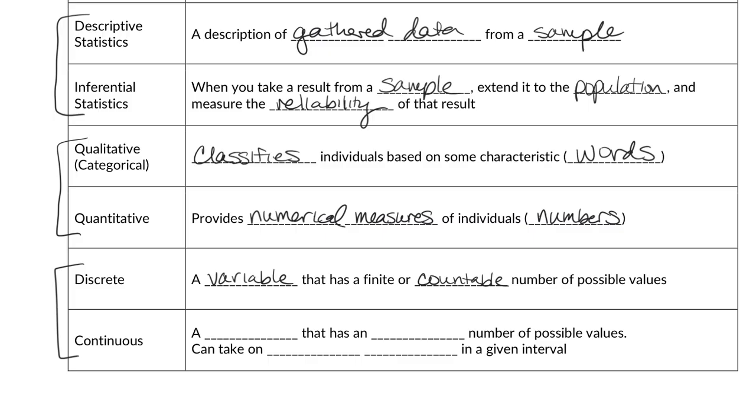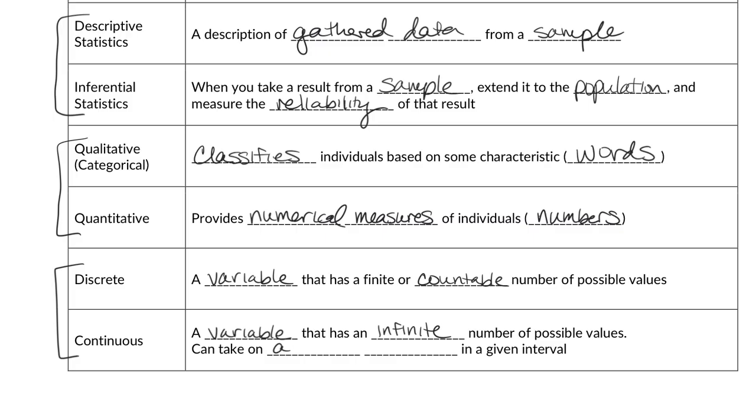Continuous variables, however, have an infinite number of possible values, like height. We can measure to the 1,000th or the 100,000th of an inch. That gives me an infinite number of options to be measuring on.